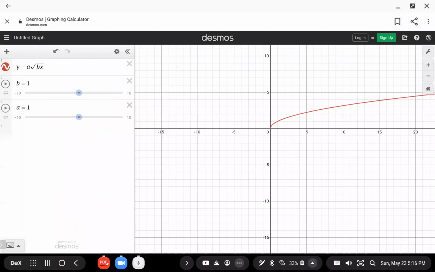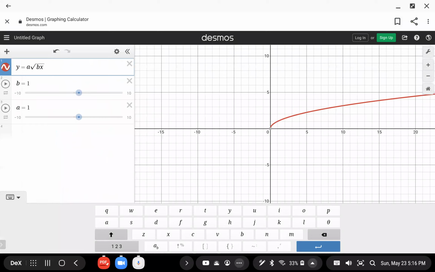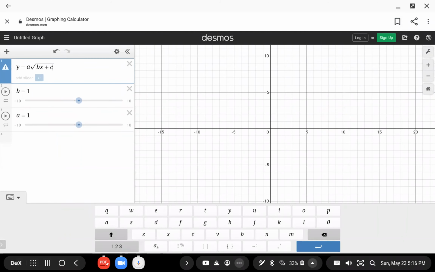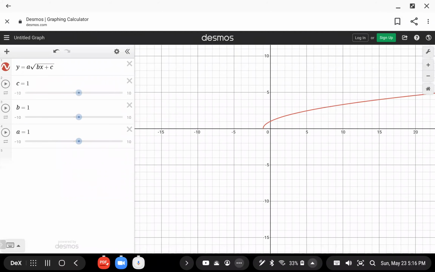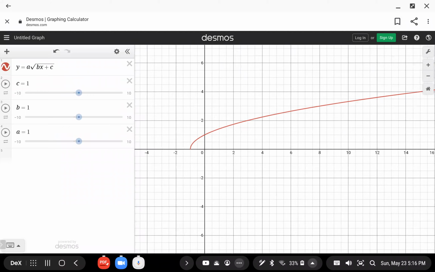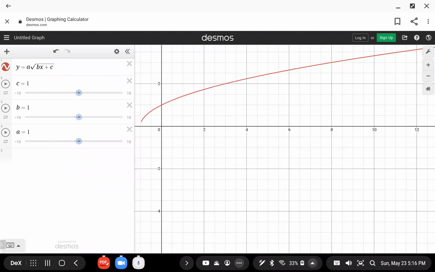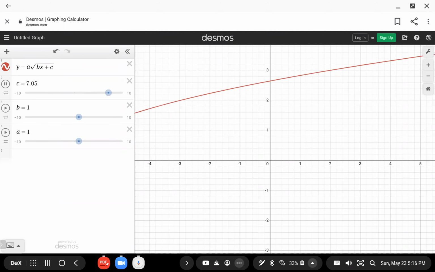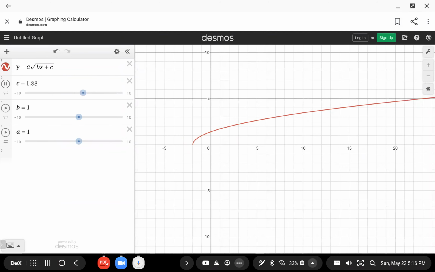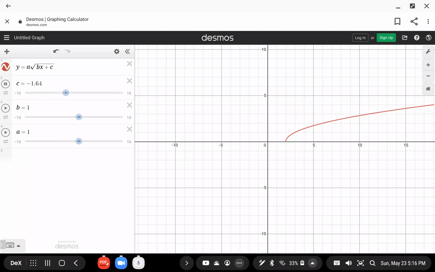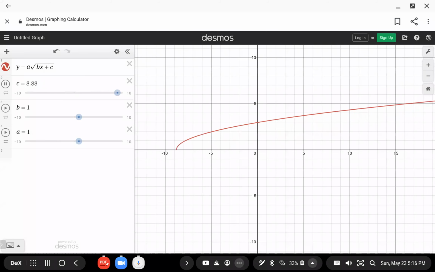Let's take a look at what c does here. Let's add a slider and animate this, and you can see that when c changes, the graph just shifts horizontally.